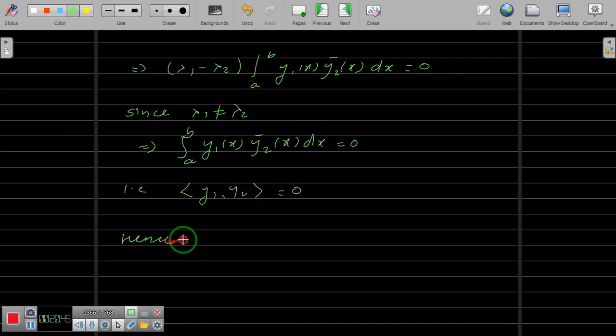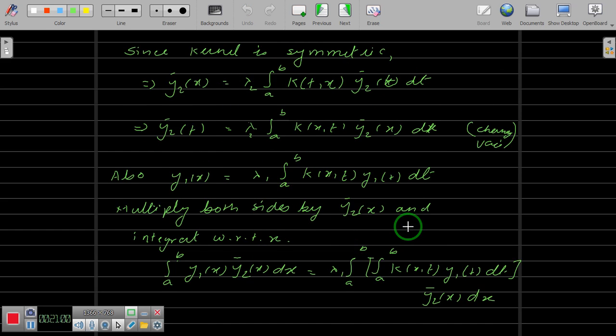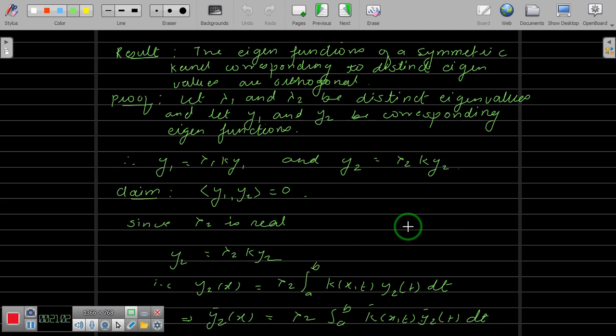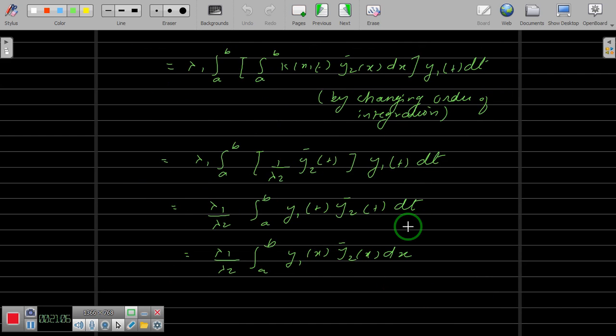Hence y1 and y2 are orthogonal. That was your claim. You need to prove that if you have distinct eigenvalues, then the corresponding eigenfunctions are orthogonal, and we have proved it. The next results I will leave as exercise.